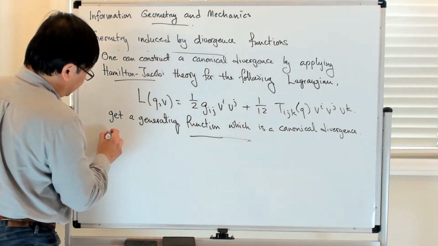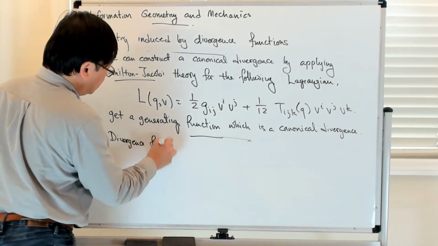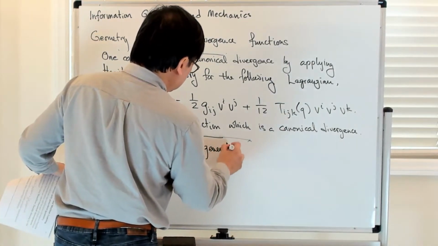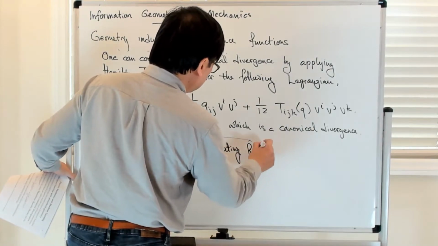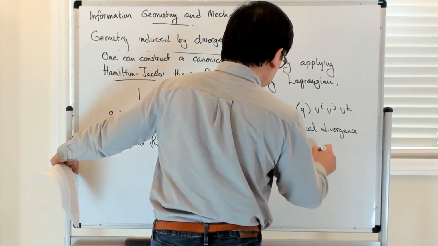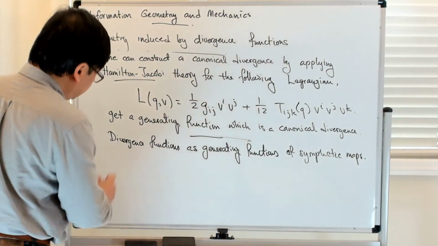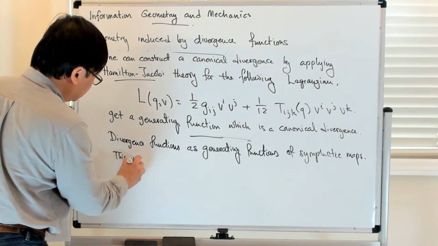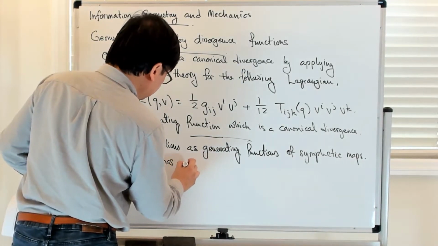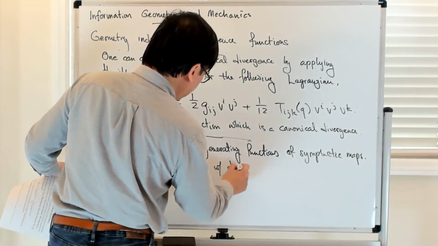So what this is saying is that you can think of divergence functions as generating functions of symplectic maps, and this in turn has connections with mechanics, with discrete mechanics.